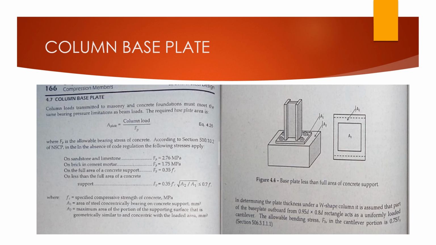In determining the plate thickness under a wide-flange shaped column, it is assumed that the part of the base plate outboard from the 0.95d times 0.8b rectangle acts as a uniformly loaded cantilever. The allowable bending stress Fb in the cantilever portion is 0.75 Fy.